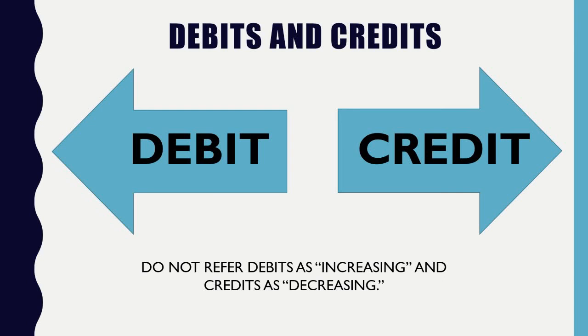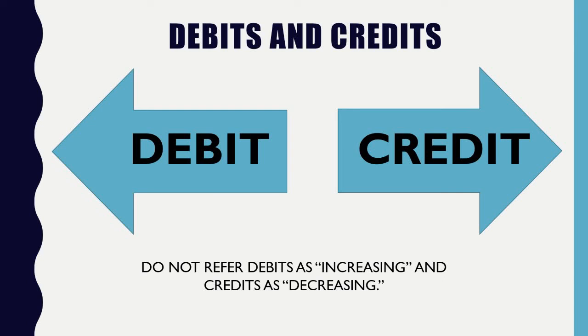Now, do not confuse debits and credits as increase and decrease, okay? Because when we look at a transaction, depending on what type of account you're dealing with, you will be dealing with a credit increasing an account while a debit decreases an account, and vice versa, you'll also be dealing with debits that increase an account and a credit that decreases an account.